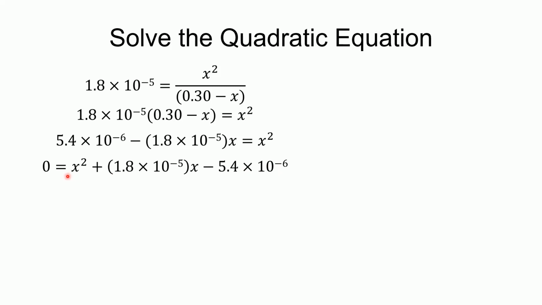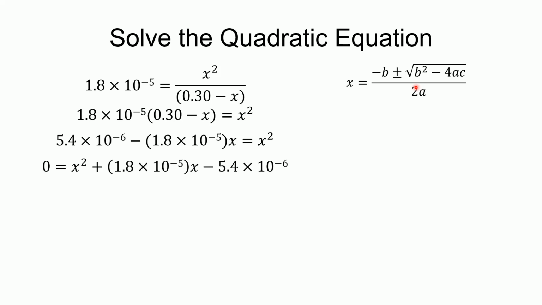When it's in this form, the coefficient of x squared is going to be a, the coefficient of x is going to be b, and this value is going to be c. Here is our quadratic formula. So x is equal to negative b plus or minus the square root of b squared minus 4ac, and then all of that over 2a.